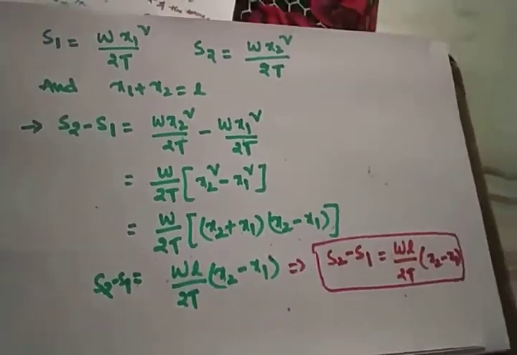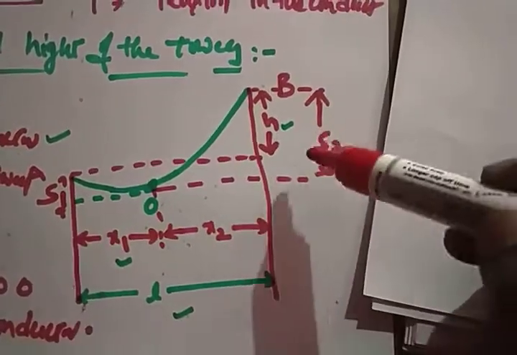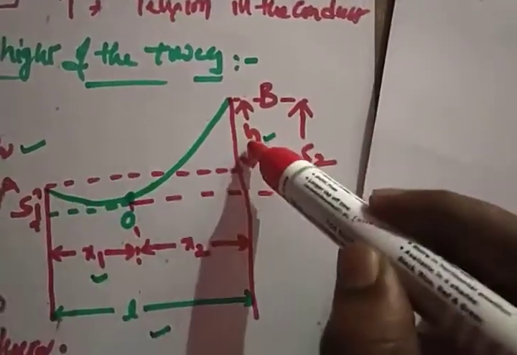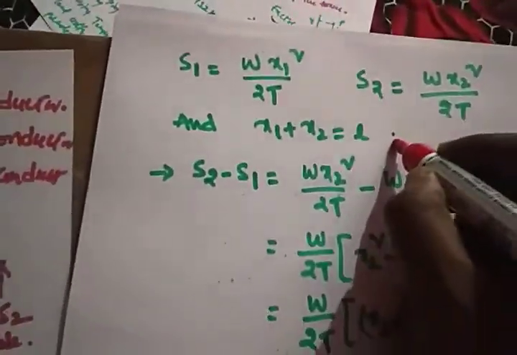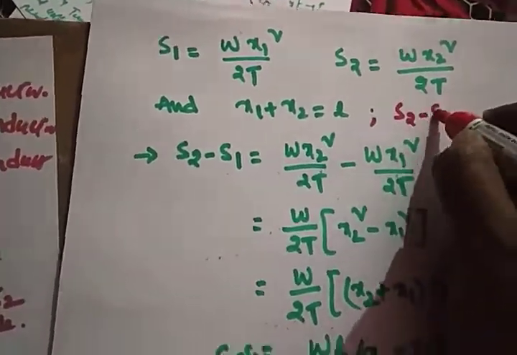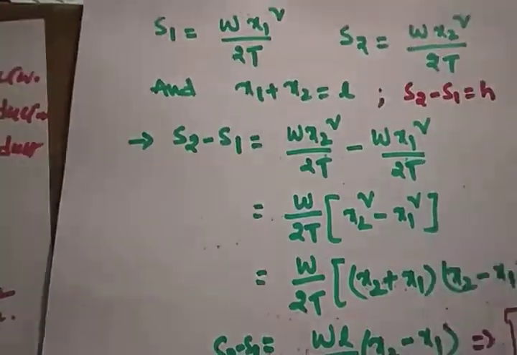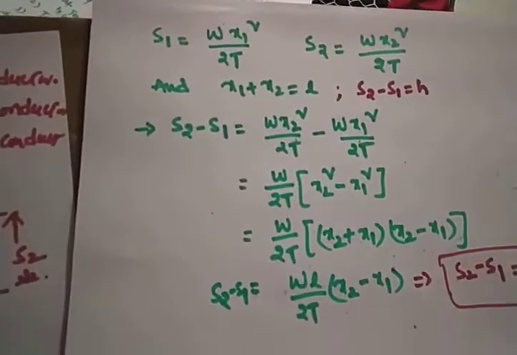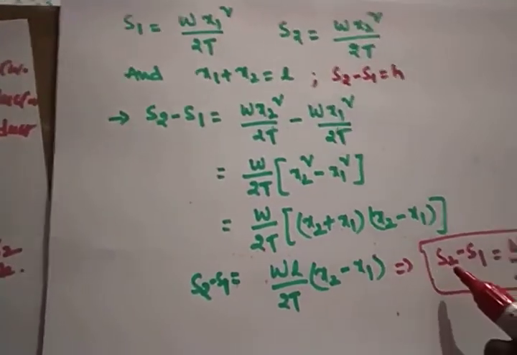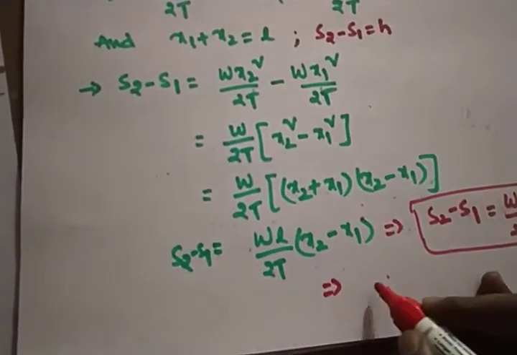You know what is S2 minus S1? This is S1, this is S2. S2 minus S1 we can call it as H value. One more note, we missed that one. So in place of S2 minus S1, put H. So what is the height?